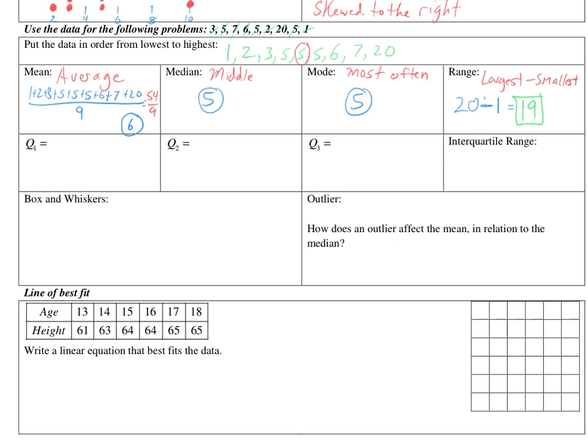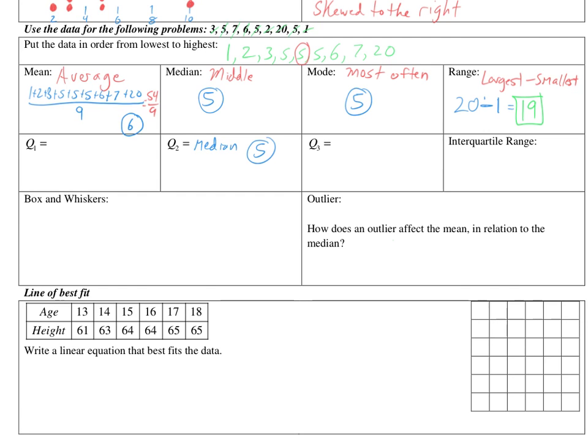So Q2 is just your median, which in this situation is 5. What is Q1? Q1 is the middle of the left side. So for Q1, we're going to find the median of the left side. So the left side, that's over here, the 5's in the middle, I want to find the middle of this.